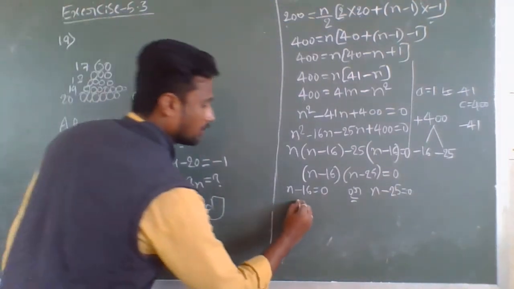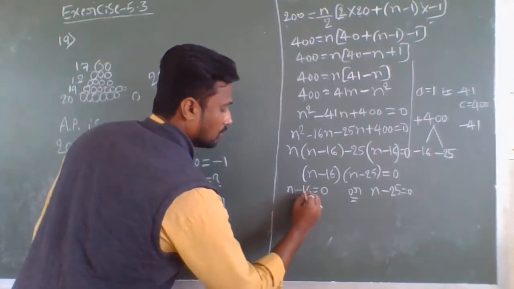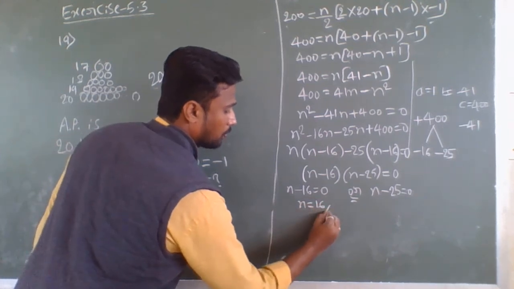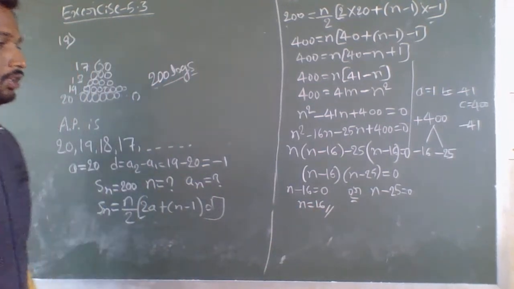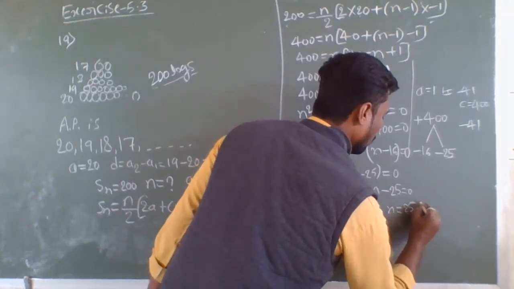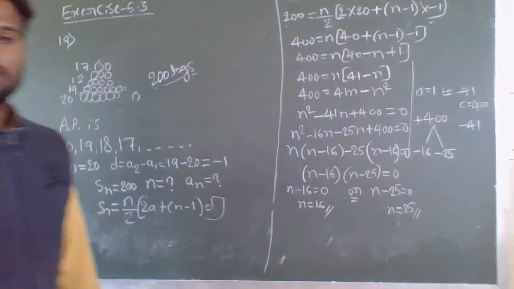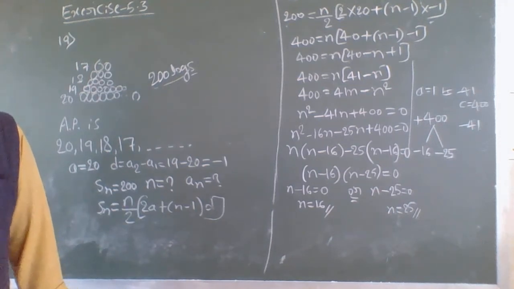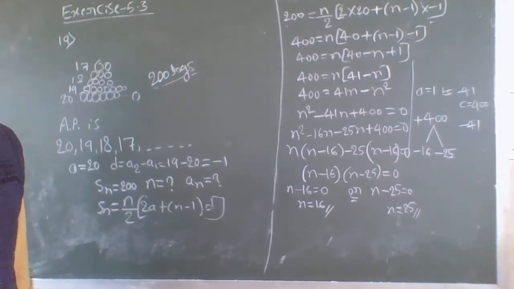So n is equal to, minus 16 means here it is plus 16, n is equal to 16 or n is equal to 25. So here we got the n value as 16 and 25.